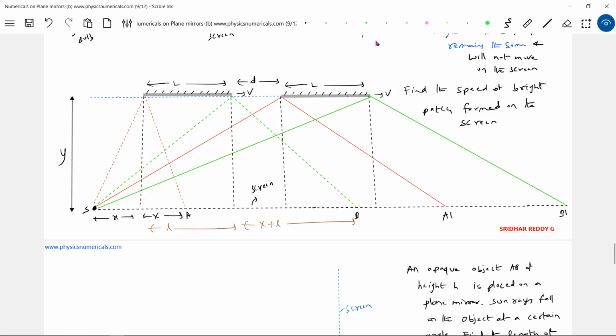This distance will be X plus L plus D. How much has the mirror undergone displacement? Look at this end. Earlier it was here, now it is here. What is the displacement of the mirror? L plus D. In that interval of time, the point has shifted from A to A dash, corresponding to this point of the mirror. So if you can calculate A dash, the problem will be solved.